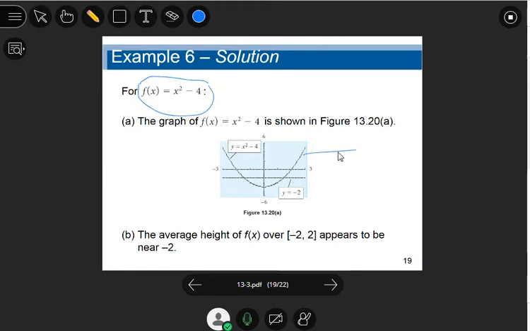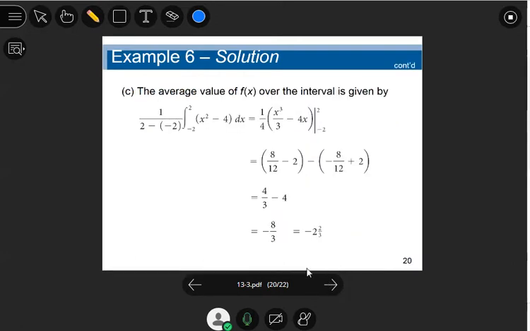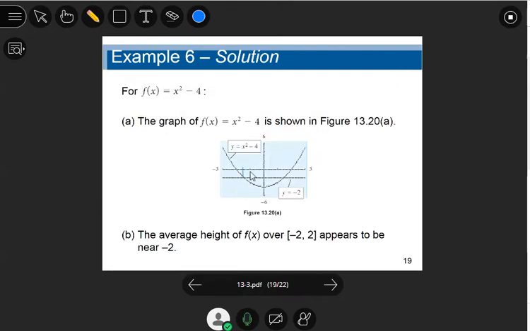This is the graph of it, and then you need to find the area of this one by integrating x to the power 2 minus 4 in between -2 and 2. It means you need to find this area. This is our area, then divide it by this length.